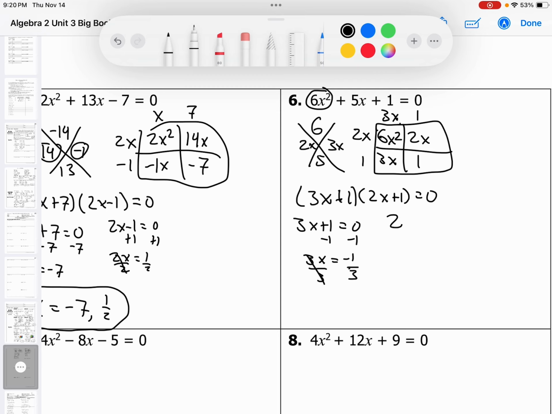And for the other one, 2x plus 1 equals 0, we are going to get that x equals negative 1/2. So x for this one is going to equal negative 1/3 and negative 1/2.